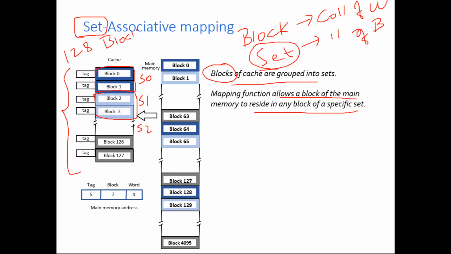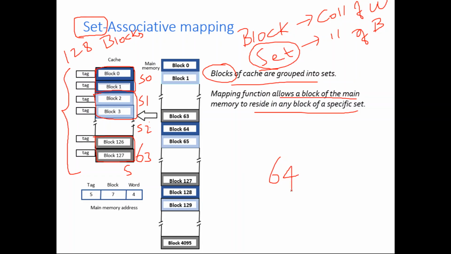Every consecutive two blocks will form one set. So how many sets will be available here? 128 blocks means there will be sets 0 to 63, that is nothing but 64 sets. Totally we will have 64 sets, right?